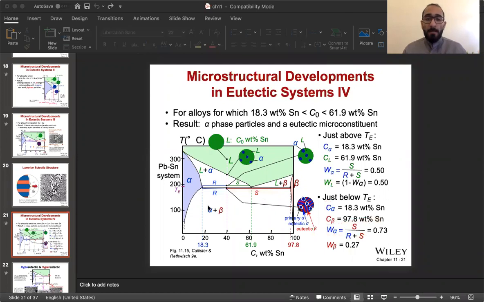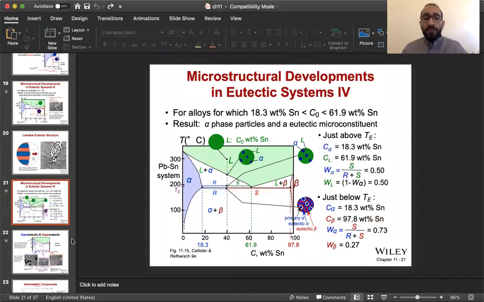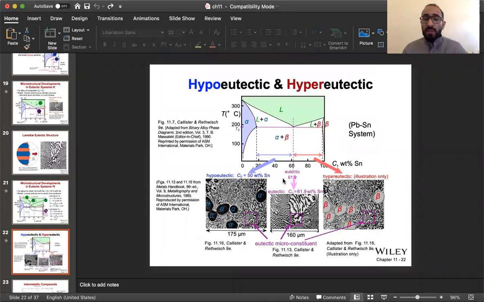So you're going to have primary alpha if you are below the eutectic composition, and primary beta if you are higher than the eutectic composition. If you are below the eutectic composition, we call it hypoeutectic. If you are at a composition that is higher than the eutectic composition, we call it hypereutectic, right?